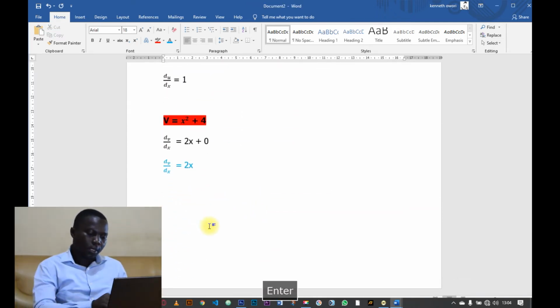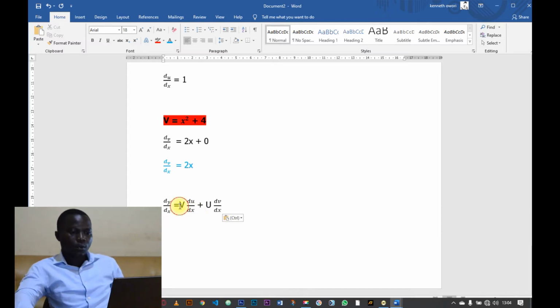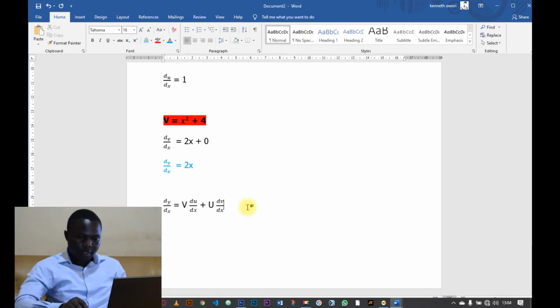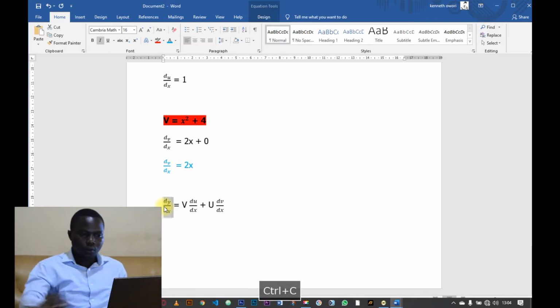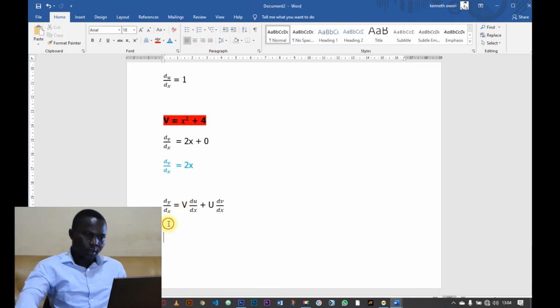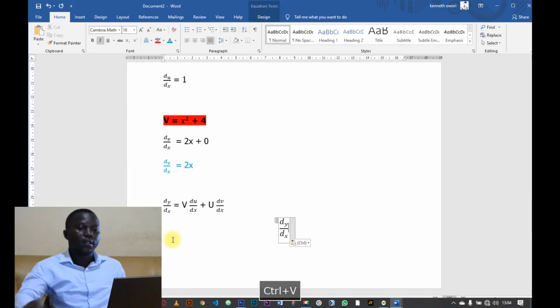This is going to be obtained as follows. dy dx equals v du dx, which v we know and which du dx we also know because we've already derived them.